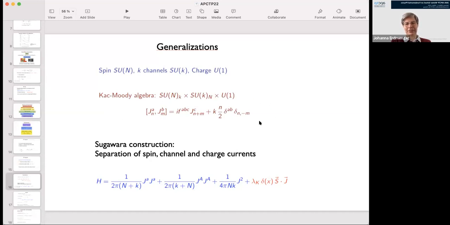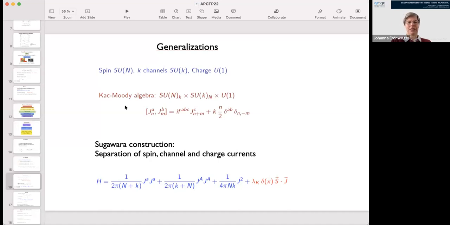And then we have this infinite dimensional algebra. So okay, this is a kind of standard algebra, but then we have an anomalous term here. And the anomalous term has a coefficient which corresponds to this level in the symmetry. So this k is the same as this k. Okay, I will also explain this in more detail coming up.